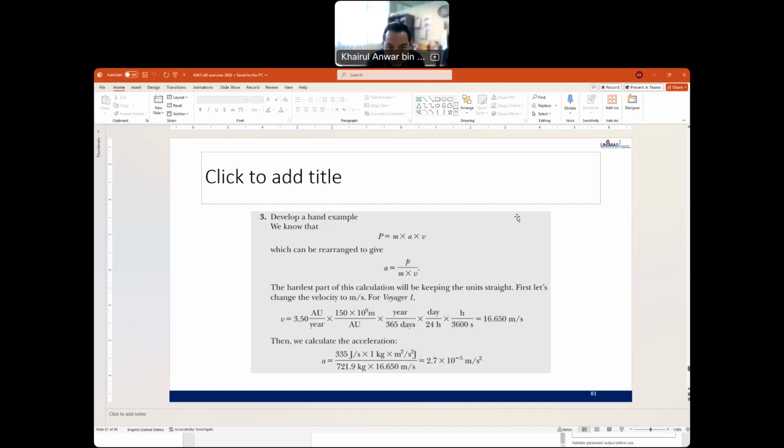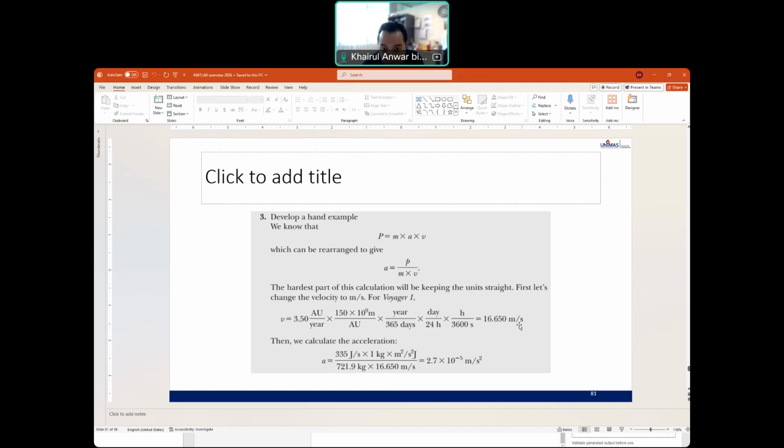To do this calculation, the unit is important. So 3.5 AU per year, you need to change it to meters per second. This is the unit conversion, very long. So the velocity for Voyager 1 is 16.65 meters per second.